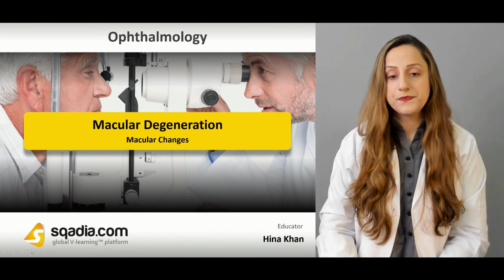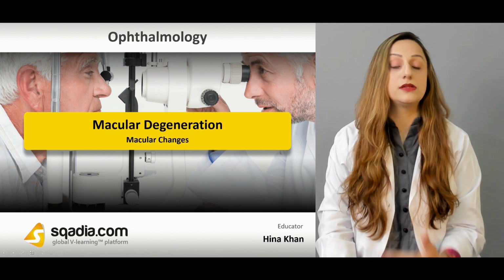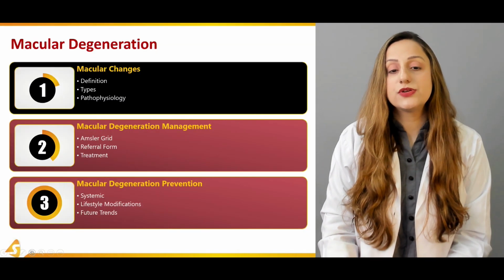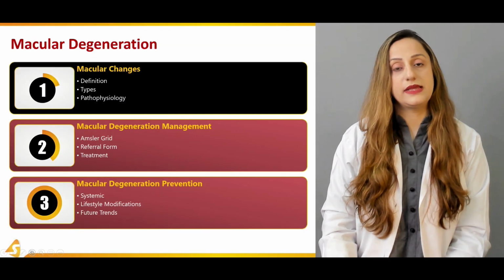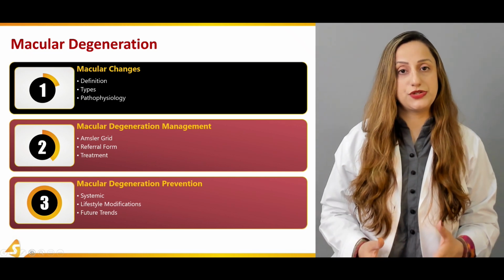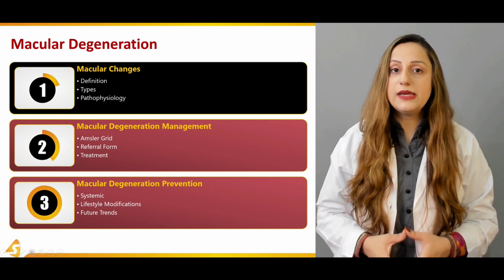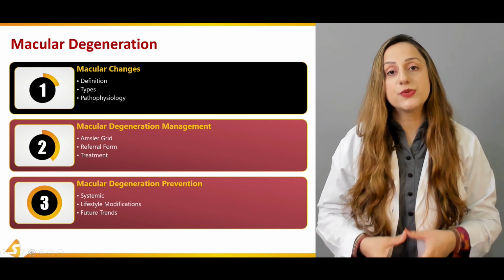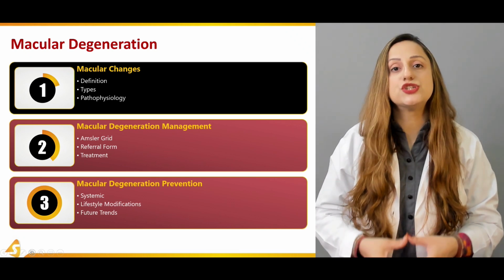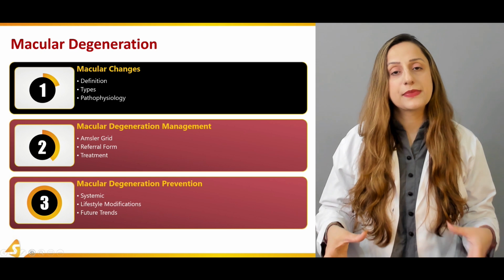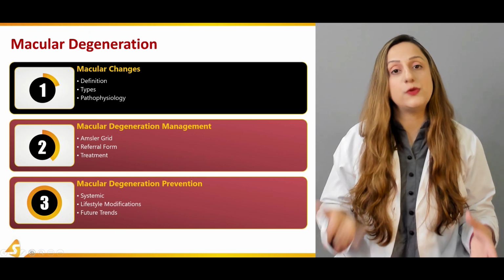So these are the changes that occur along with age, and there are different types that can be related to this macular degeneration phenomenon. Majorly, we categorize these macular degenerative changes into two basic types, that is the dry variety and the wet variety.